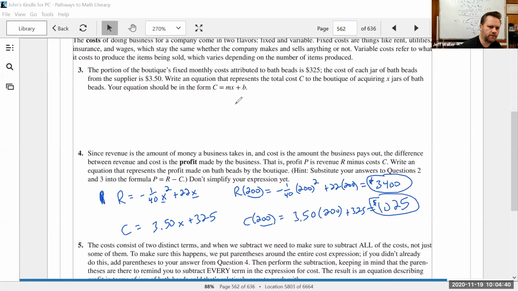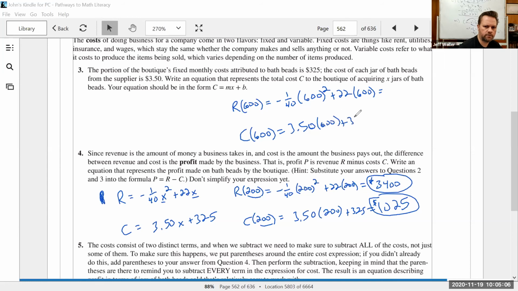But now watch this. Let's try 600 jars. That'll be -1/40 times 600 squared plus 22 times 600. And the cost is 3.5 times 600 plus 325.